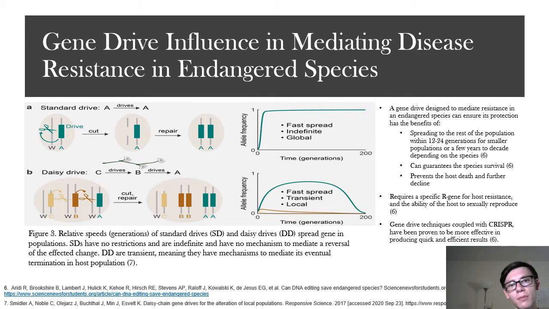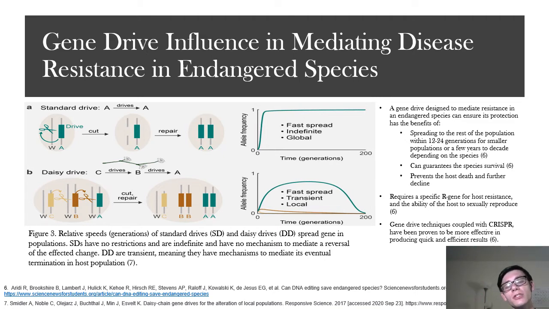But couple that with gene drive technology, where you give an endangered species not only a guarantee of survival by giving it a resistance gene, but you guarantee not only that sole host's survival, you guarantee the population and future individuals of that population a guarantee of survival.